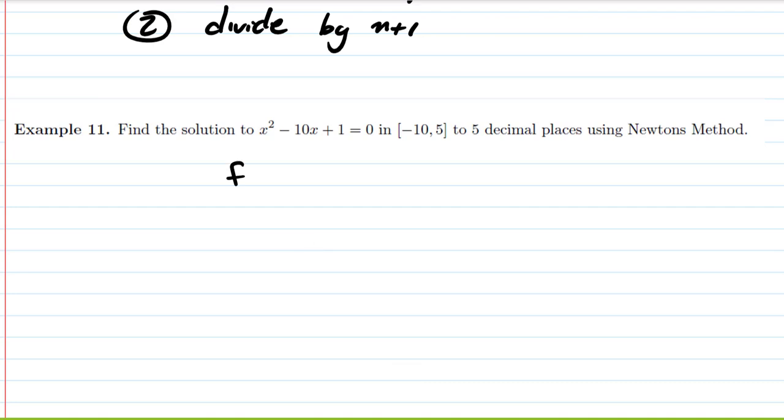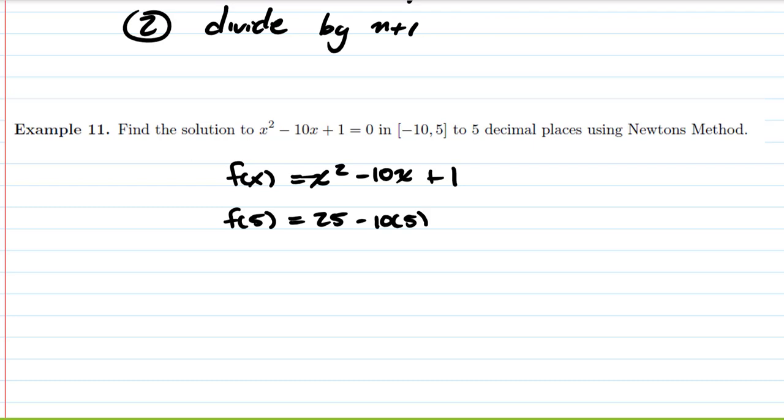So if we take our f of x to be our polynomial, x squared minus 10x plus 1, we can just guess something that's close to 0. So if I picked, for instance, 5, let's just say I guessed 5, which turns out to be a terrible guess. So 5 squared is 25 minus 10 times 5 plus 1.